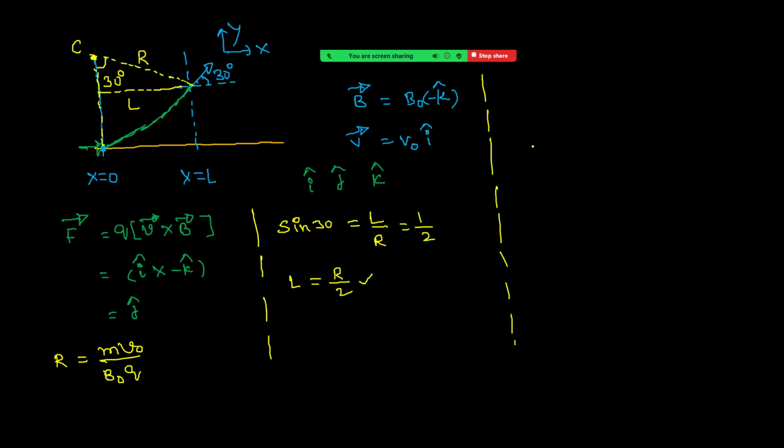The magnetic field was from x equal to 0, and now it is up to x equal to 2.1 L. And we got the L value as R by 2. Then what is the value of 2.1 L? This is equal to 2.1 into, in the place of L, R by 2.